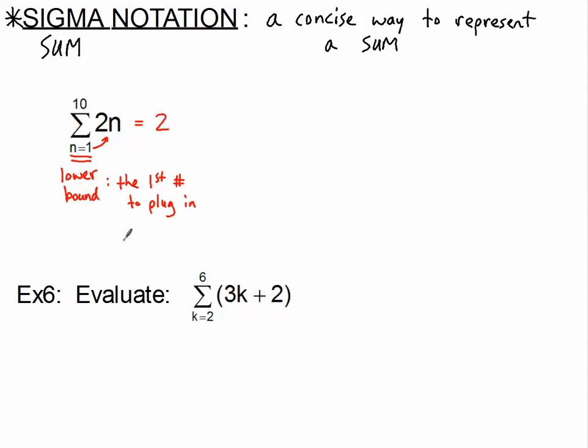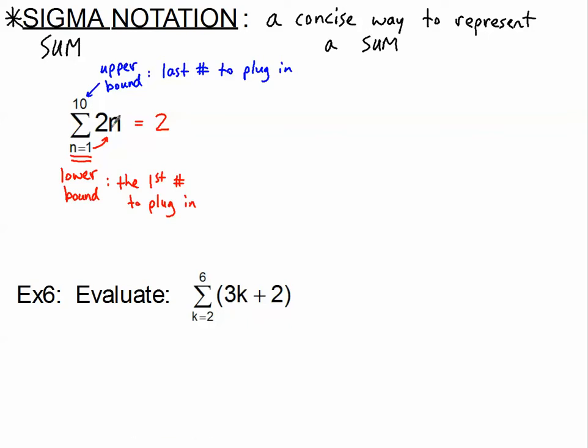And then I'm going to plug in every number from 1 to 10, and I'm going to stop at the 10, because the 10 is the upper bound. This is the last number to plug in. So we plug in the lower bound, and we continue to plug in all the way until we get to the last number.